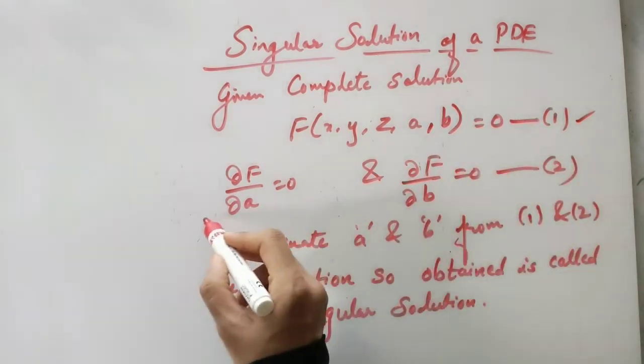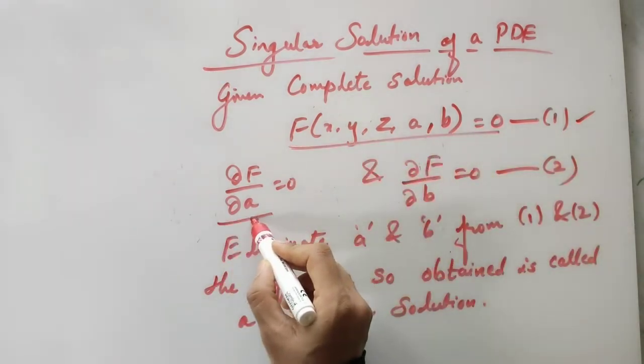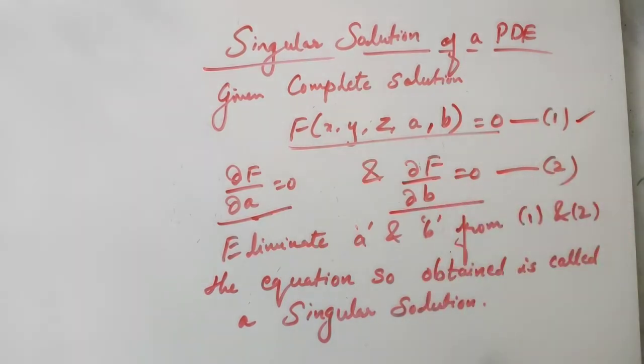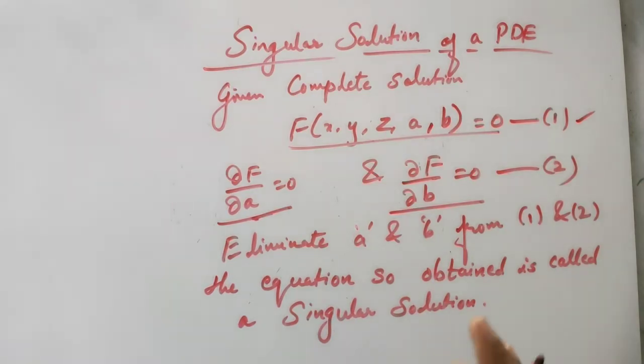We have two equations, dou f by dou a equated to 0 and dou f by dou b equated to 0, together call it equation 2. Now try to eliminate a and b from 1 and 2. The equation so obtained after eliminating a and b is called the singular solution of the given PDE. I hope that point is clear to all of you.